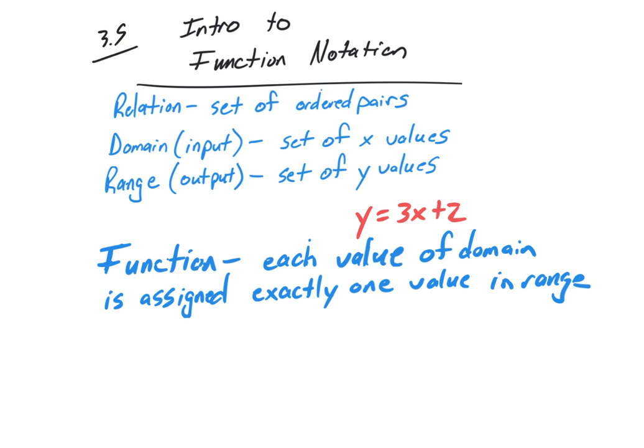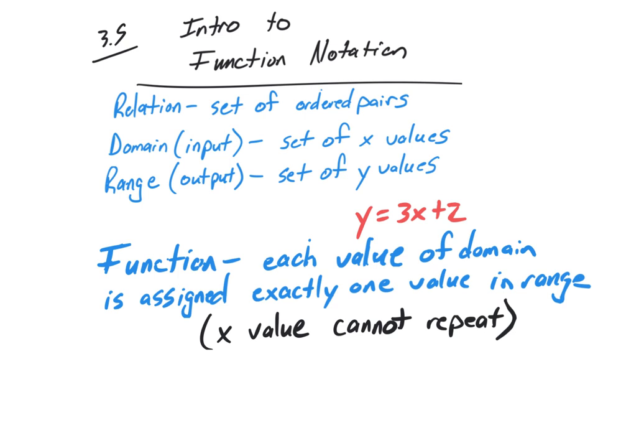The way I like to say it, though, is the x value cannot repeat. That's a quicker and easier way to tell yourself what we're looking for. Okay, this is the actual definition, but this is a question that we're going to ask ourselves.